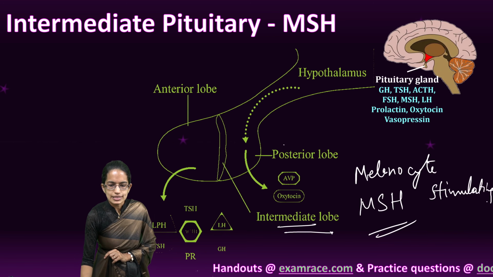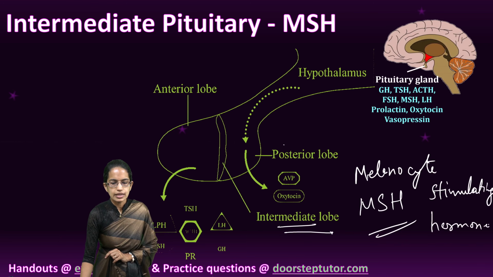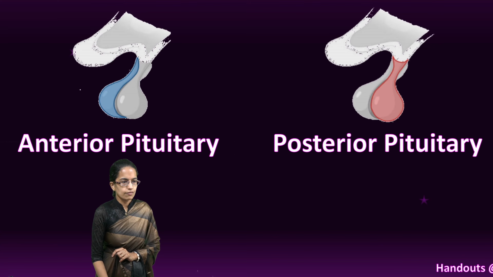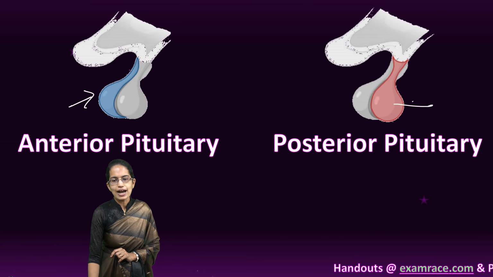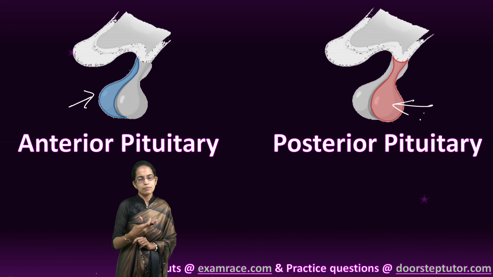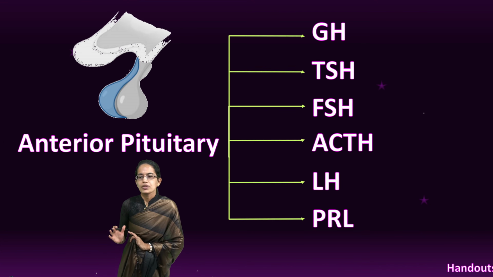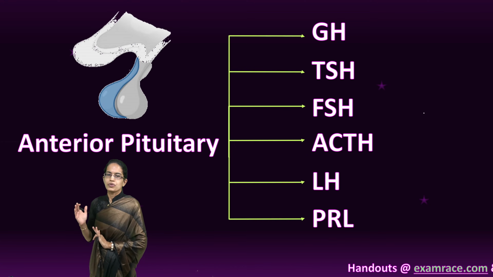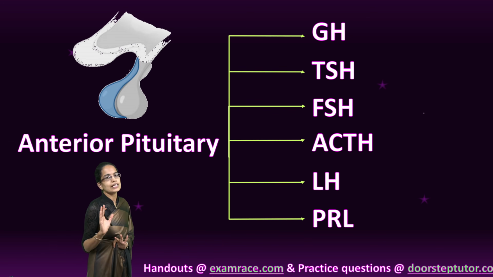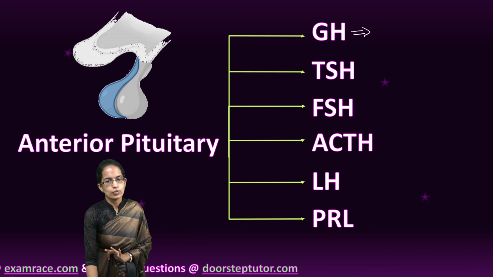The next important step is understanding the anterior and the posterior hormones. As I said, the front part is the anterior, the back portion is the posterior. Anterior is towards the front, posterior is towards the back. Let's begin with the anterior pituitary. Six important hormones: GH, TSH, FSH, LH, PRL and ACTH. Let's understand these one by one. The first one is growth hormone, GH.